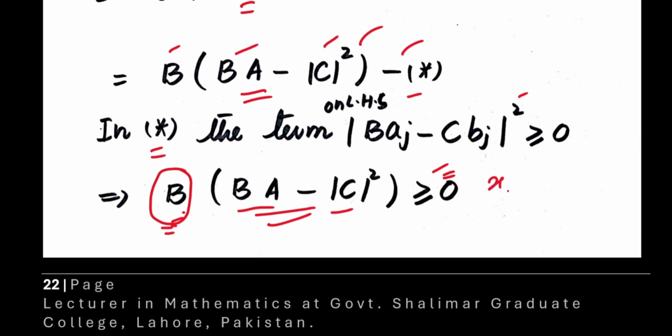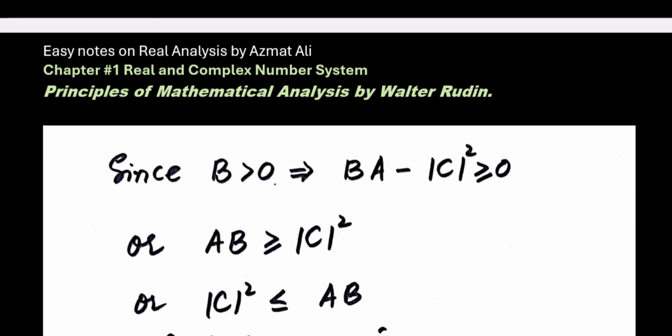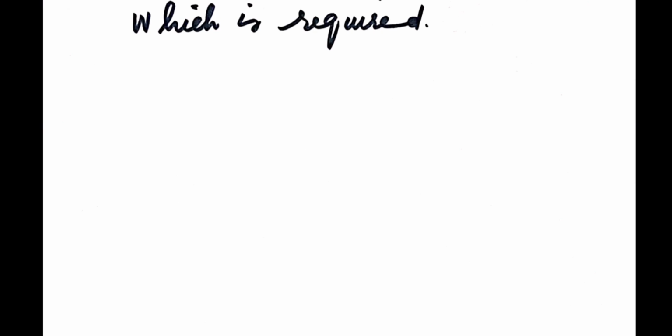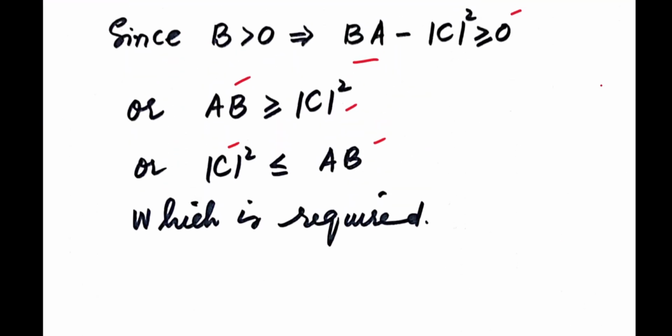Suppose I have a product x into y that is greater than or equal to 0, and I am confirmed that x is greater than 0, it must be that the second term y is greater than or equal to 0. So if this is my y and this is my x, and x is greater than 0, and the whole product is greater than or equal to 0, this implies A B minus C modulus square is greater than or equal to 0, or I can write it as A B greater than or equal to C modulus square, or C modulus square is less than or equal to A B, which is required, that we have to show.